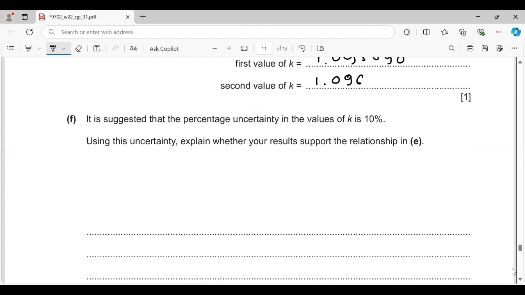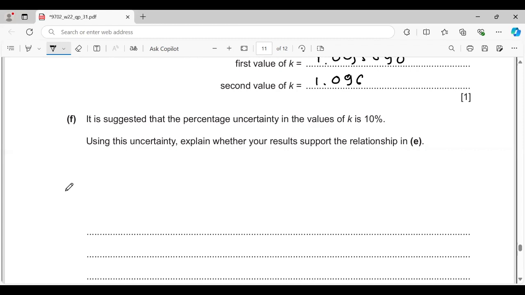It is suggested that the percentage uncertainty in the values of k is 10%. Using this uncertainty, explain whether your result supports the relationship in E.